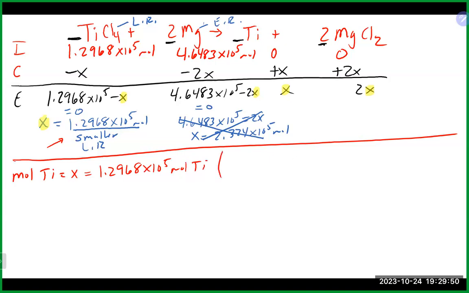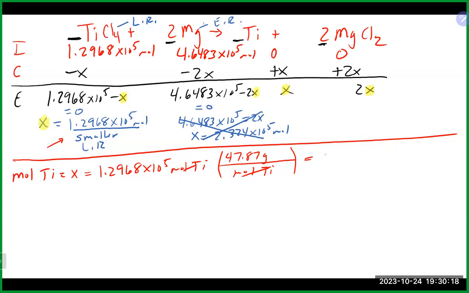Using the molar mass for Ti, which I wrote up there before we left, was that 47? Where is it at there? 47.87, I think. So from the periodic table, 47.87 grams per mole is the molar mass of Ti. And that will get us 1.2968 times 10 to the 5th times 47.87.